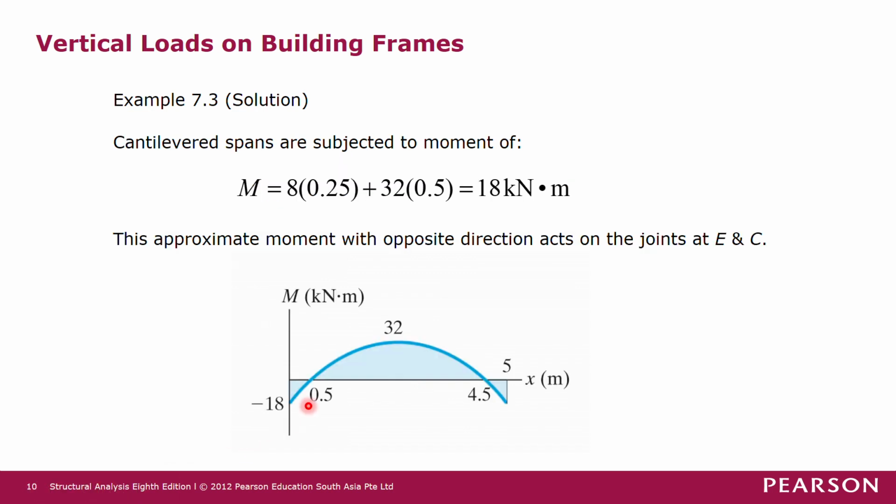So at the end, we are going to get a bending moment diagram like this. So how do we get bending moment like this? Okay. So this part of the bending moment comes from the simply supported beam.